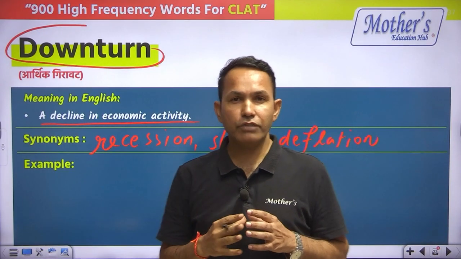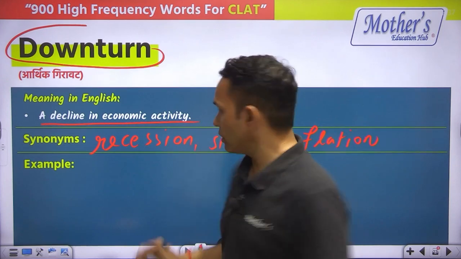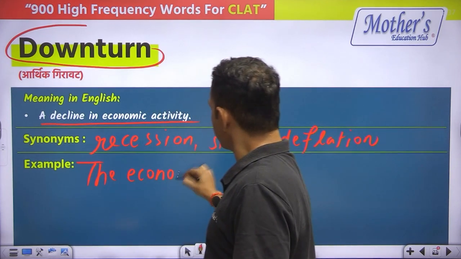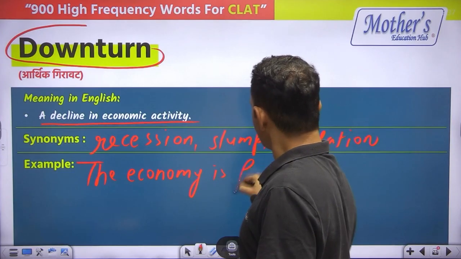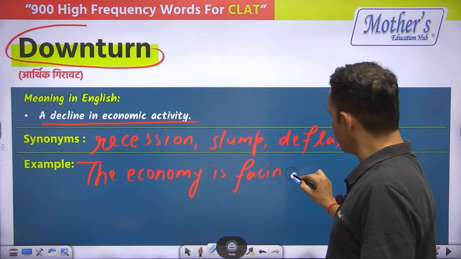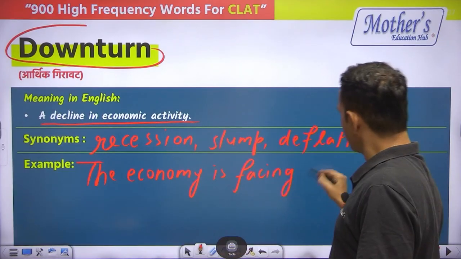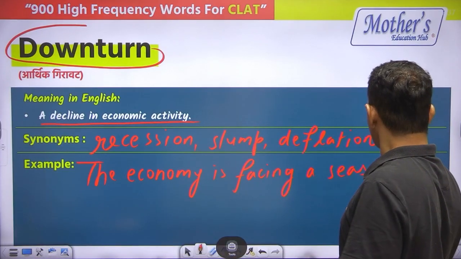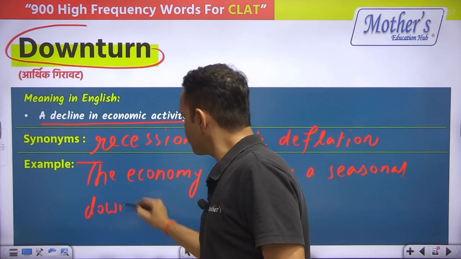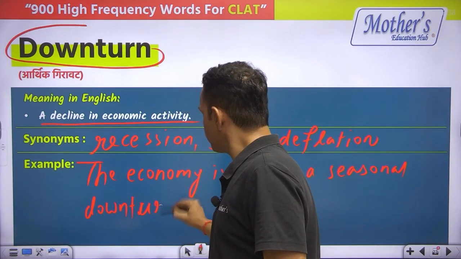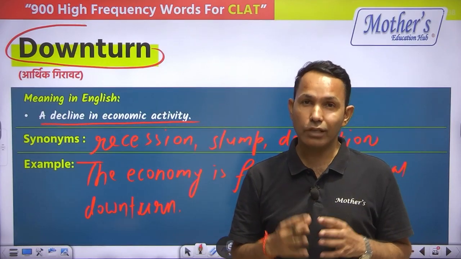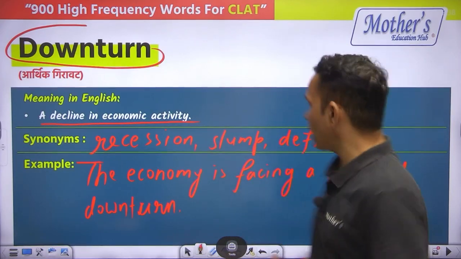The economy is facing a seasonal downturn. So downturn is recession, slump, deflation, price drop.